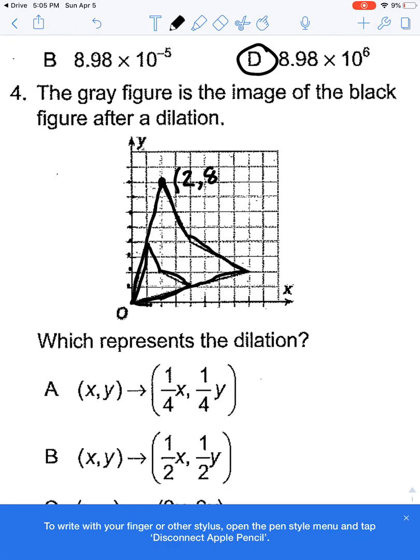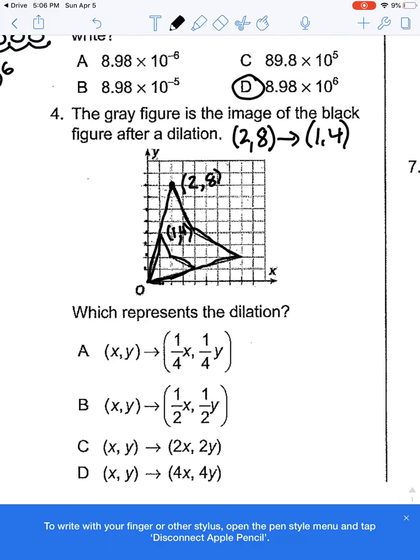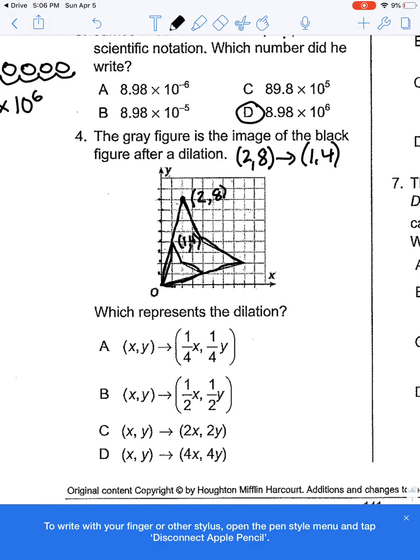So it's (2, 8). All right, and then on the same point of the smaller figure, the dilation, the x value is 1 and the y value is 4. So you're going from (2, 8) to (1, 4). Now what's happening with those numbers? To go from 2 to 1, you're dividing by 2. And to go from 8 to 4, you're also dividing by 2.